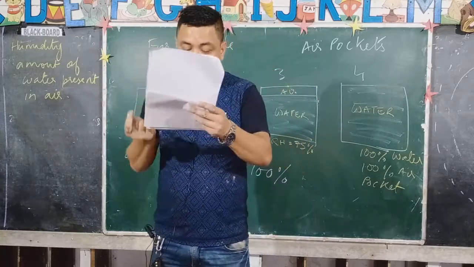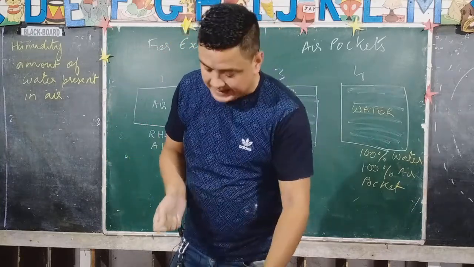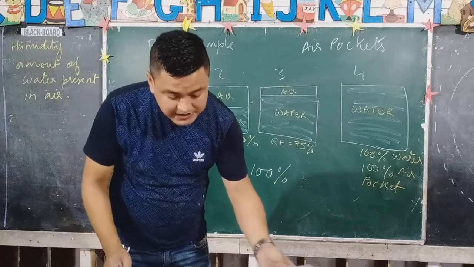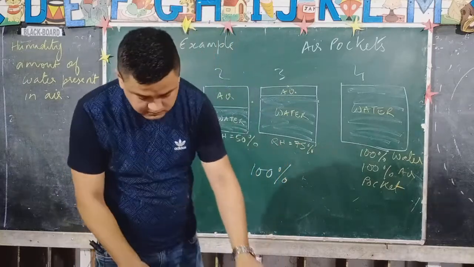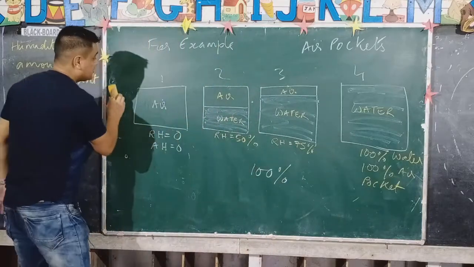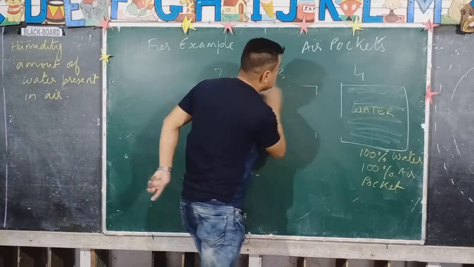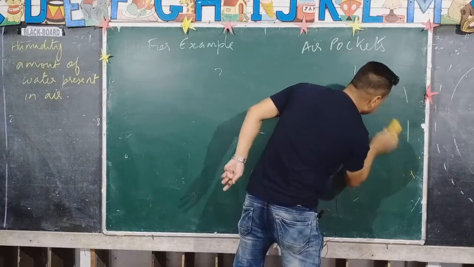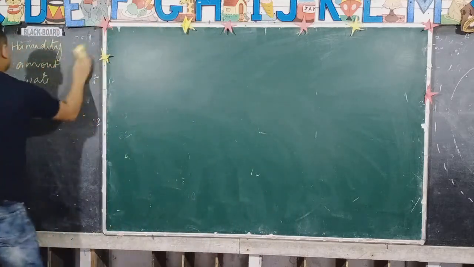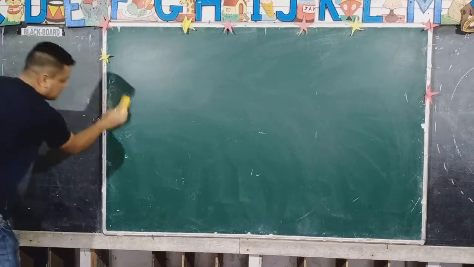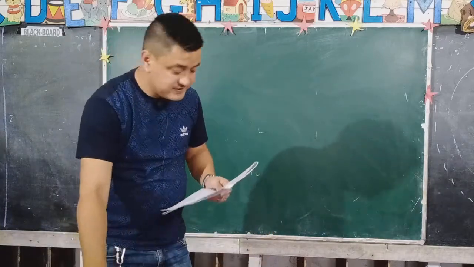So in order to understand this process, we have to look at this illustration on the blackboard. So I am going to draw another diagram on the blackboard. Now these air pockets are of different sizes.